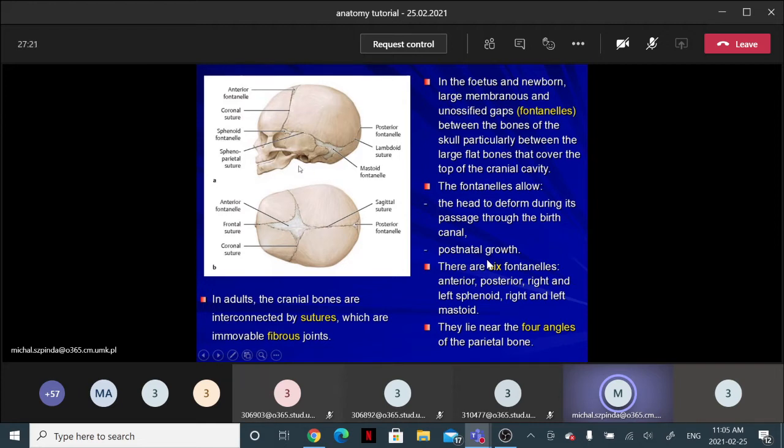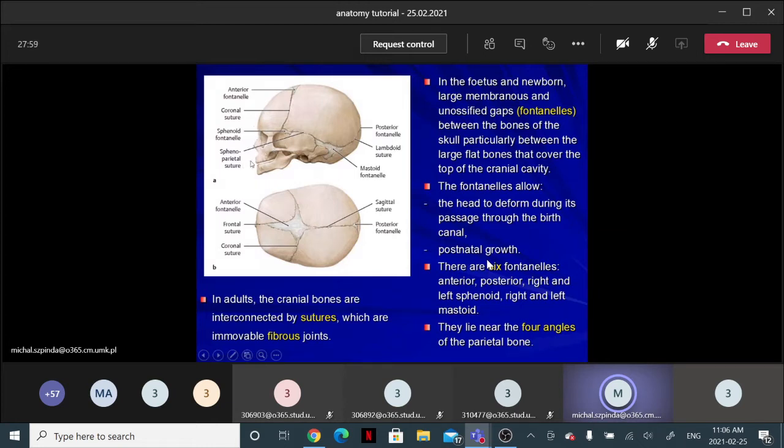As you know, the cranial base develops in an endochondral manner on the base of cartilage. The remaining part, including the calvaria and the viscerocranium, are ossified without any cartilage.